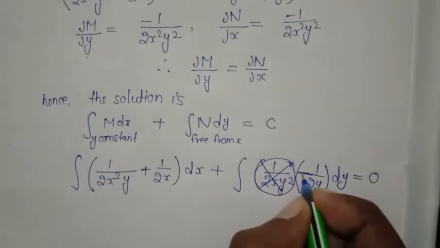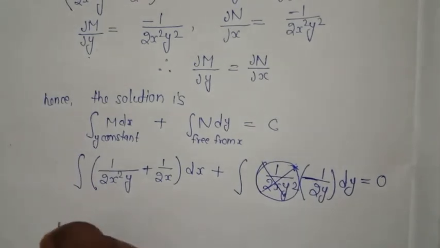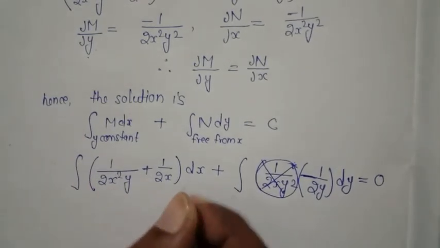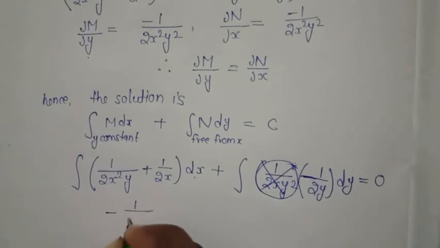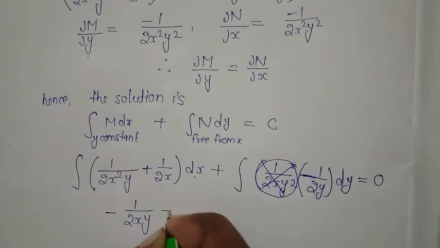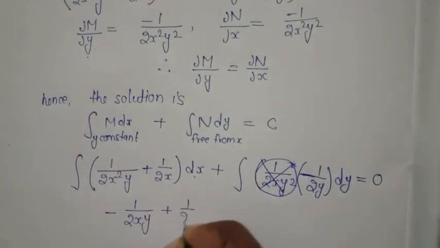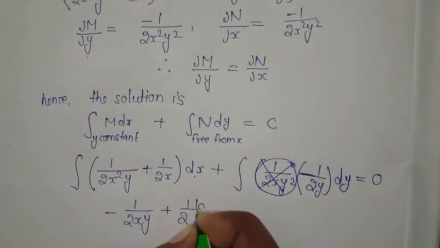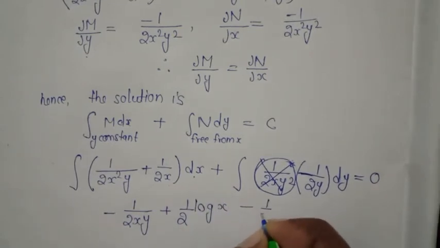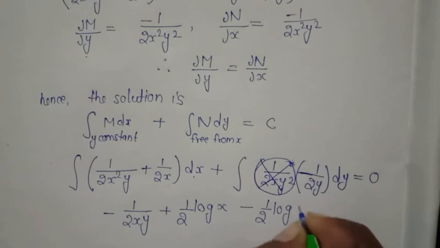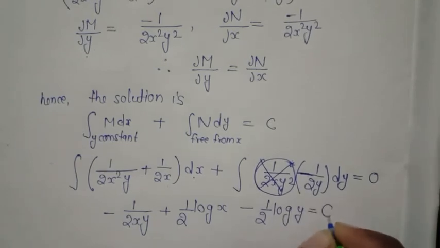So if I integrate with respect to x, taking y as constant, I get minus 1 upon 2xy plus 1 by 2 log x minus 1 by 2 log y is equal to the integrating constant c.